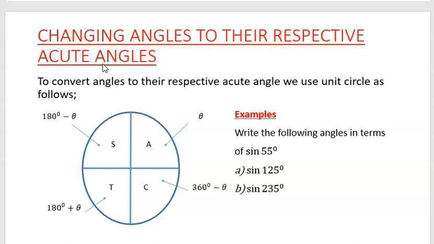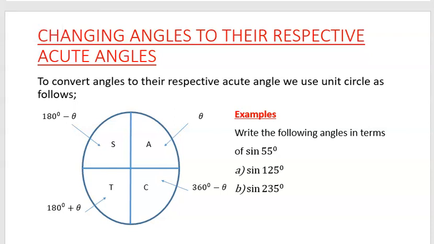So in case you have an angle that is greater than 90, then you ought to change that angle into its respective acute angle. I want you to note this: in most cases, when you want to change a particular angle into an acute angle, we apply what we call the unit circle.